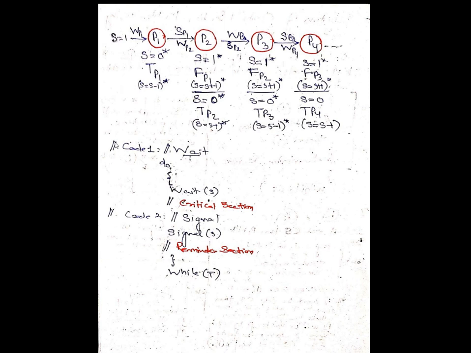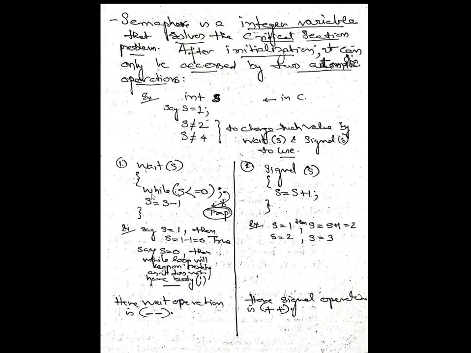Now the program code is, first let me explain the code: wait, do, wait, signal, remainder and while. So that means wait, do, and here I am giving the while condition. That is what I mean, this while S less than or equal to 0, S is equal to S minus 1.